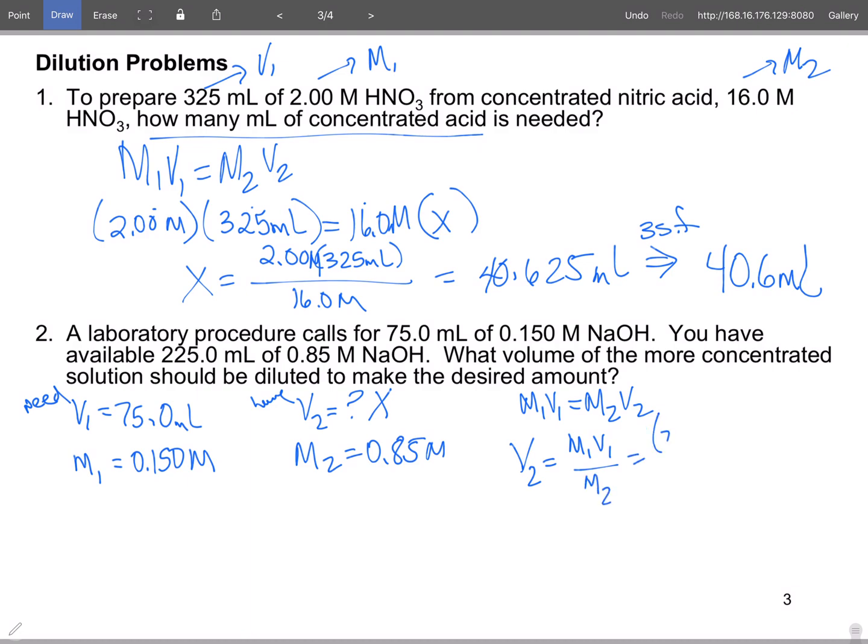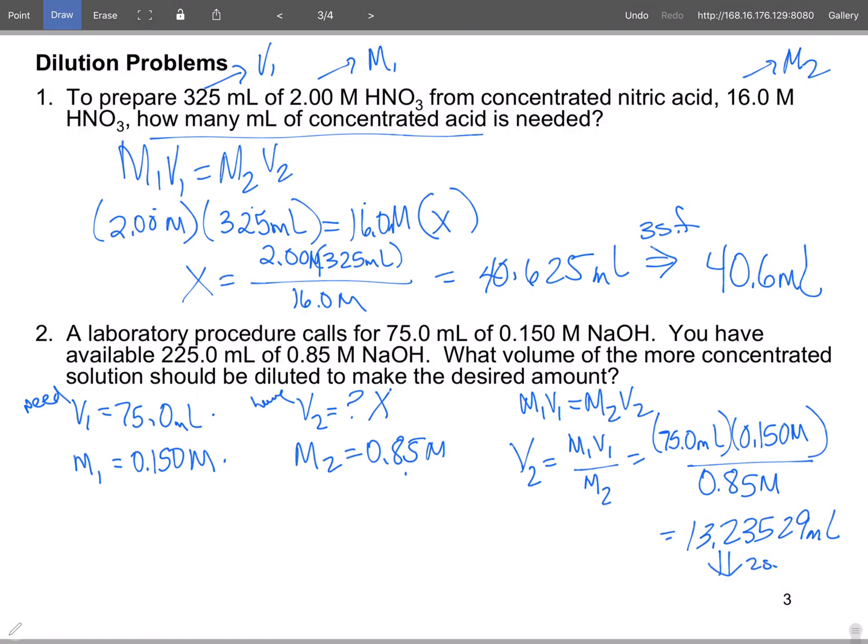So then I'll plug it in, 75 milliliters times 0.150 molar divided by 0.85 molar will give us, run it through our handy dandy little calculators, and we get 13.23529 milliliters. If we look at it, 75 is 3 significant figures, 3 significant figures, and 2 significant figures. So we report it as 2 significant figures, so it's 13 milliliters.